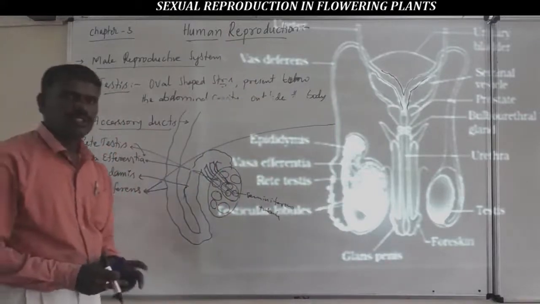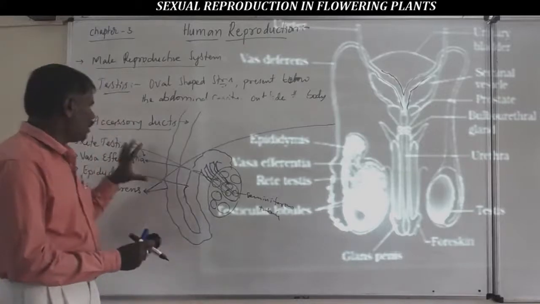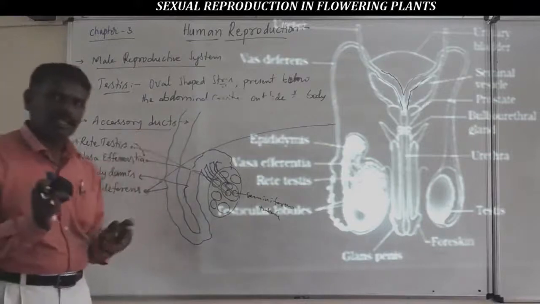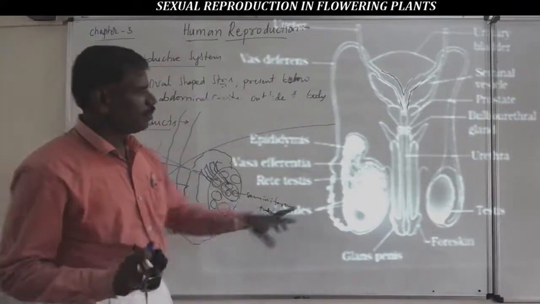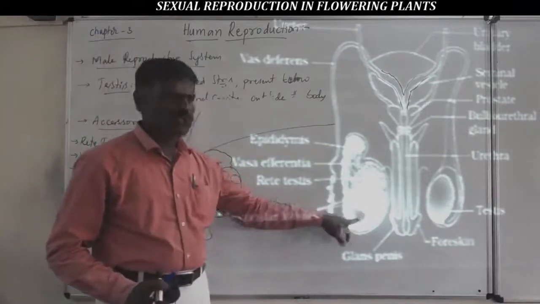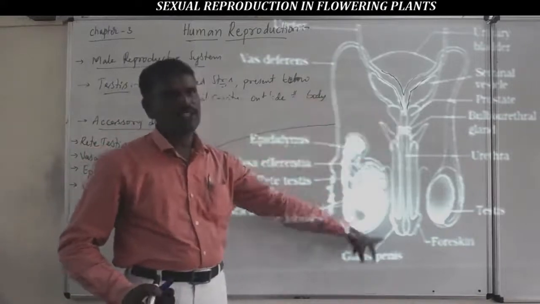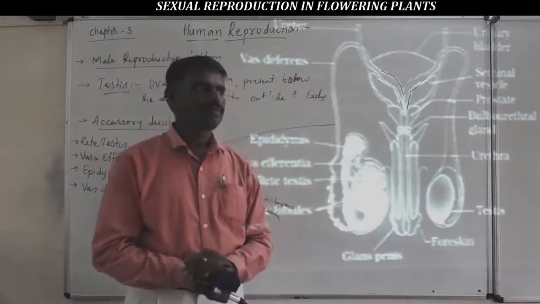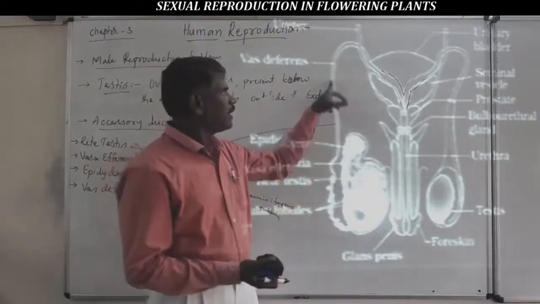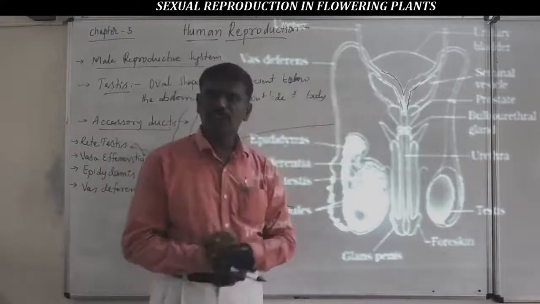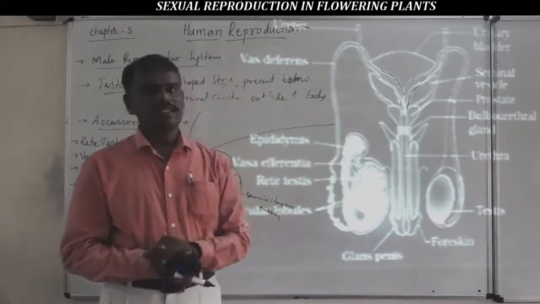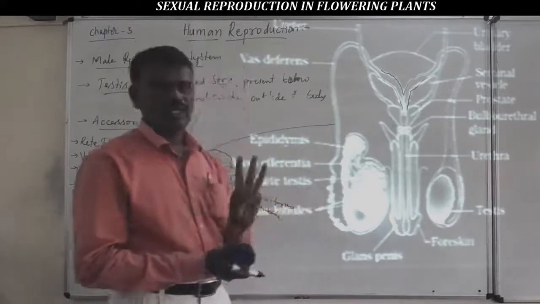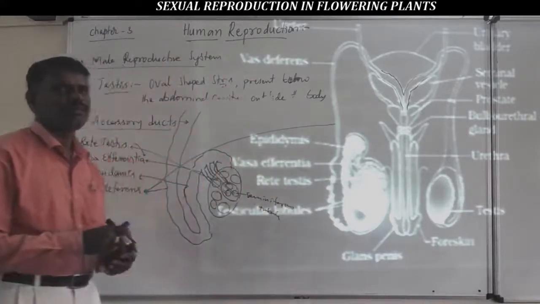So these are the accessory ducts which send the sperms from the testis up to the ejaculatory duct, up to the penis. At the tip of the vas deferens, the seminal fluid is collected from a set of accessory glands.